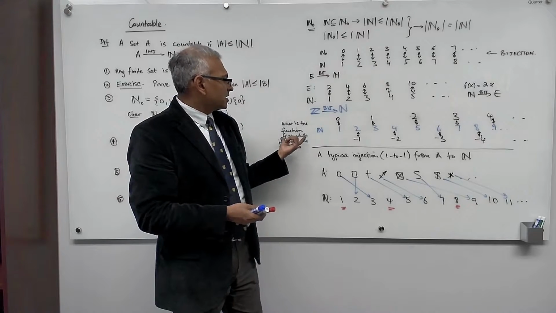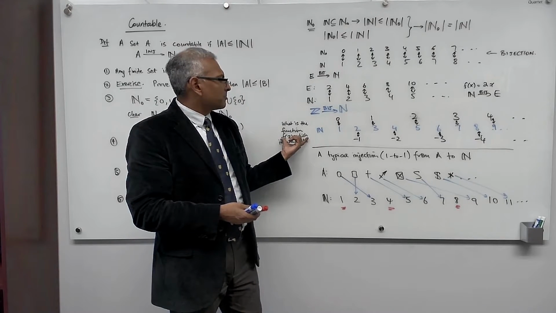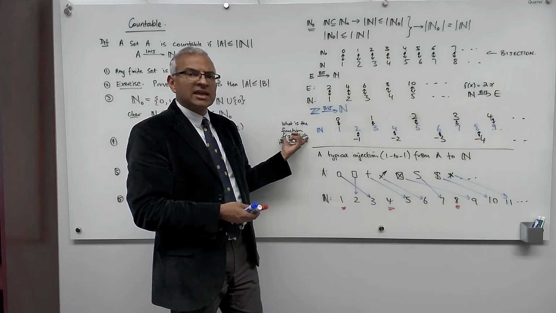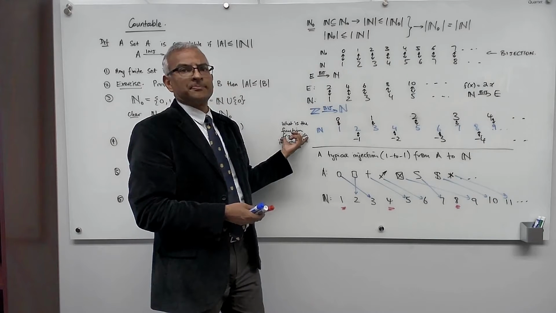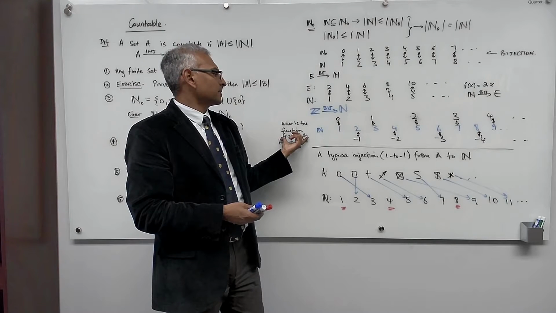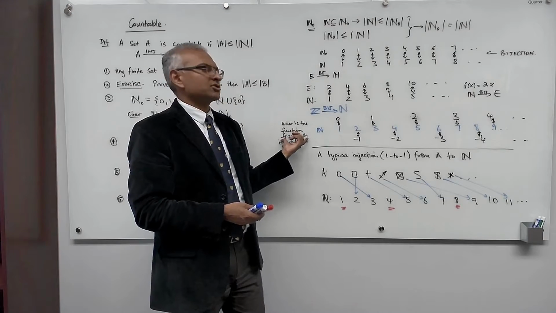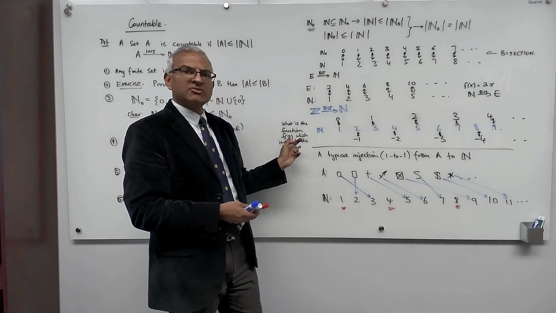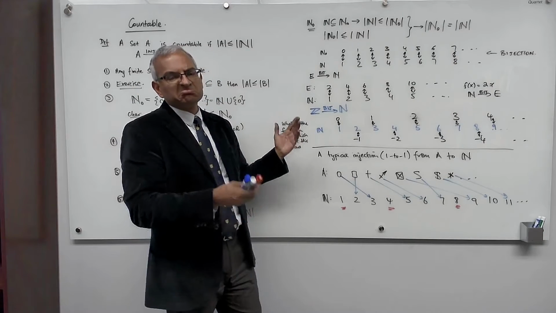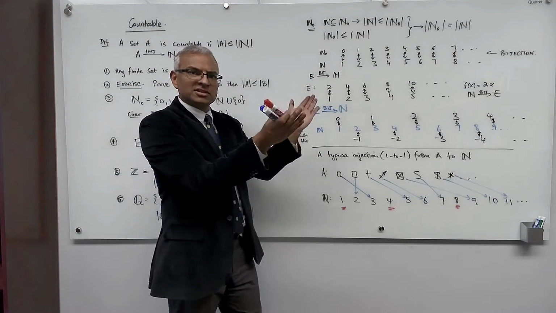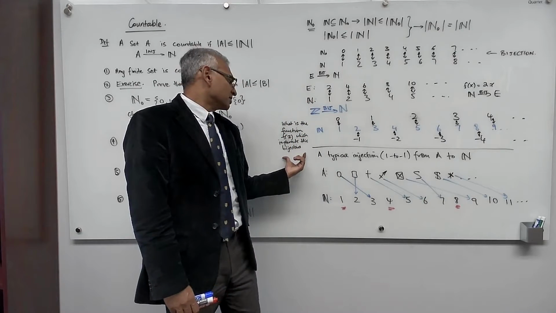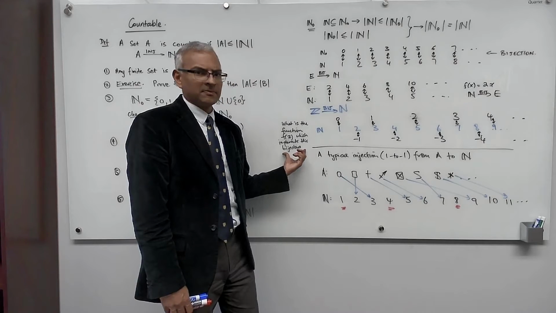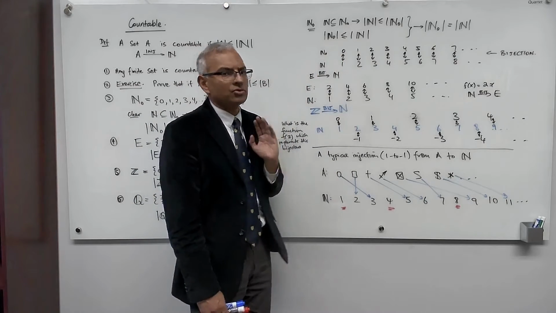If z is non-negative, then f of z is equal to 2 times z plus 1, and if z is negative, then it's equal to minus 2 times z. So it breaks into two cases. But you can construct this function and then prove that it's a bijection. I'm not going to go through all those details. We went through those details for n0.